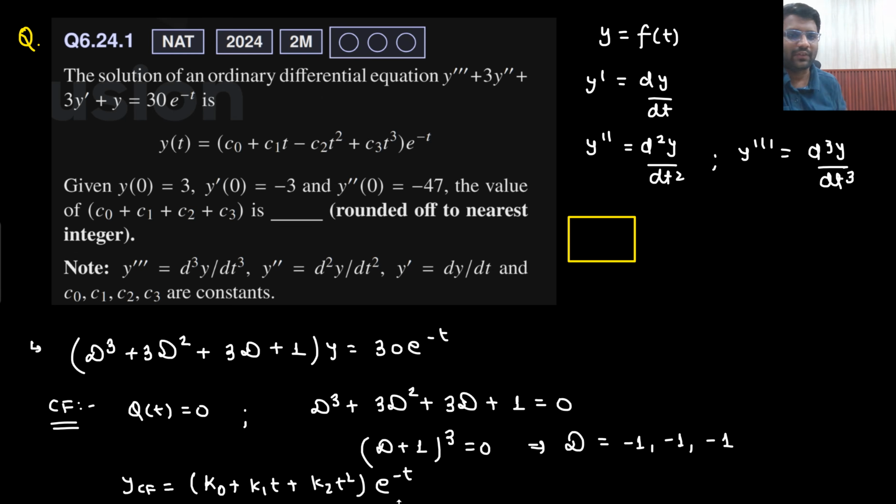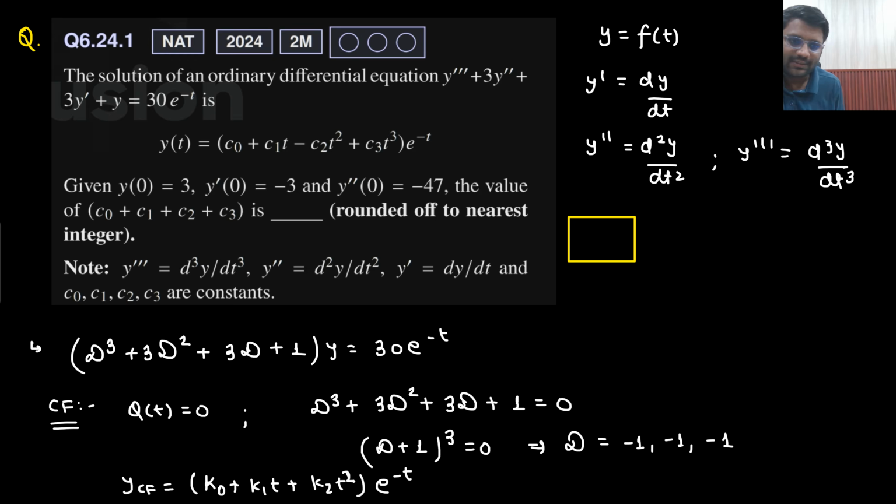The root is repeated 3 times. If it was repeated only one time, it would have been K0 e to the power minus t. If repeated 2 times, K0 plus K1 t times e to the power minus t. Since it is repeated 3 times, it is K0 plus K1 t plus K2 t square times e to the power minus t. Understandable?